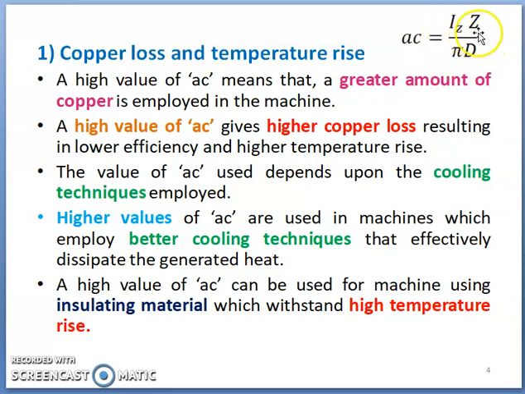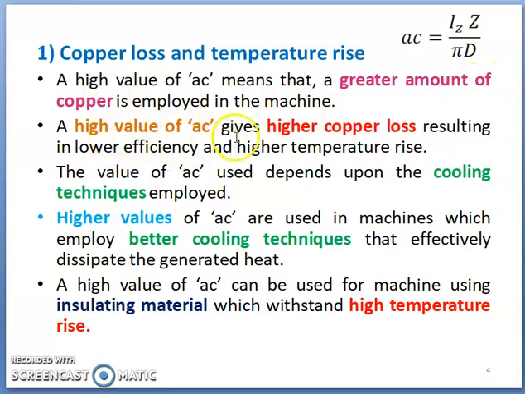And if the total number of ampere conductors is more, then the volume of copper used for that machine will be more. Some of the losses are current dependent, and the current dependent loss is copper loss, which will increase due to the greater amount of copper used.